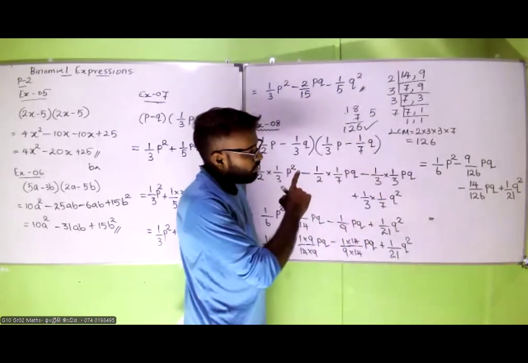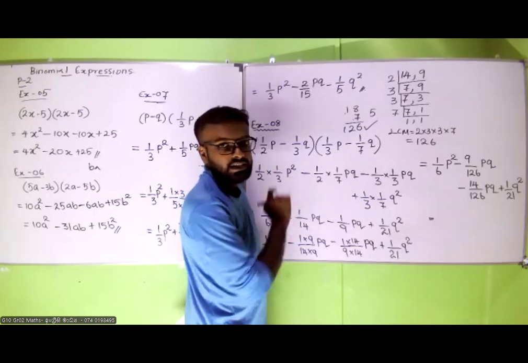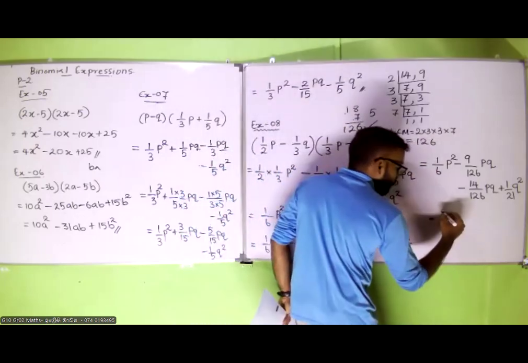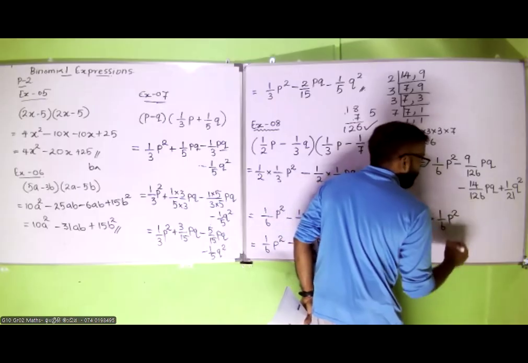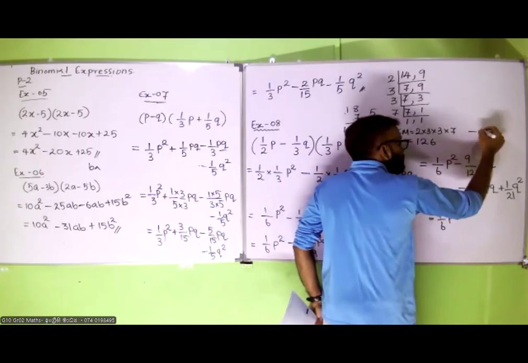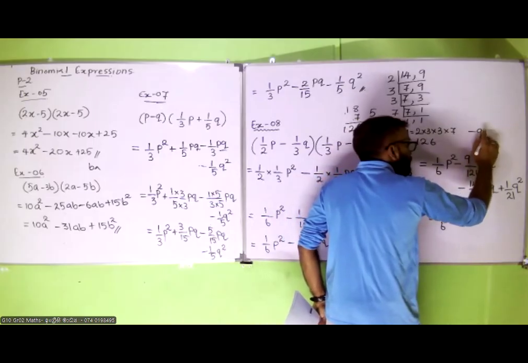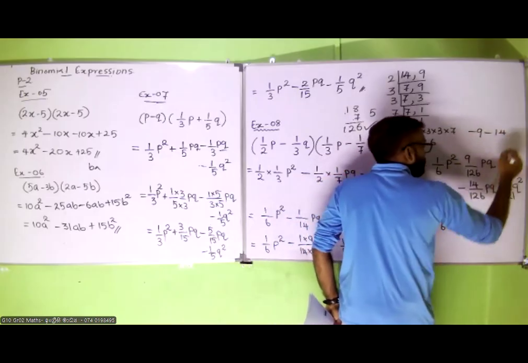So you can now simplify both fractions, right? So 1 upon 6 p square negative. So this is something like negative 9, right? Negative 9 and negative 14.